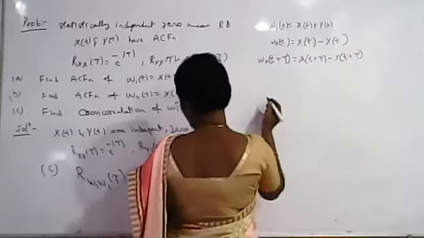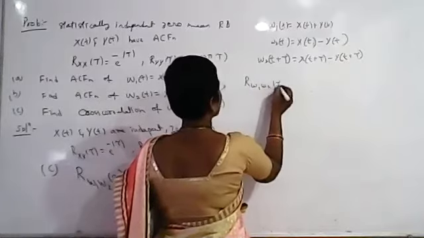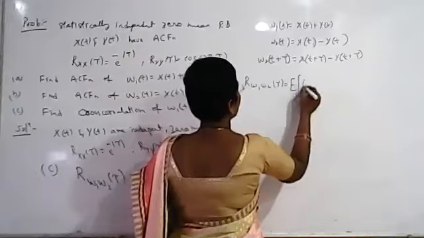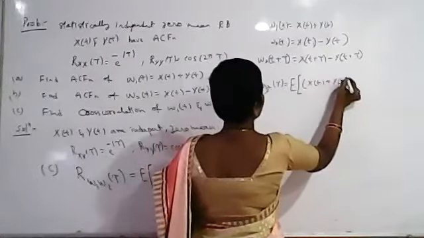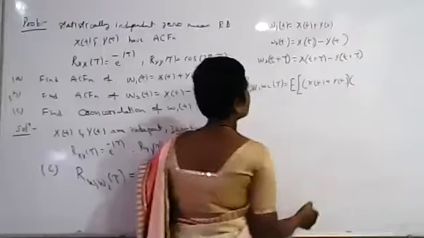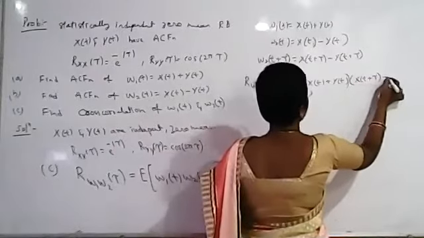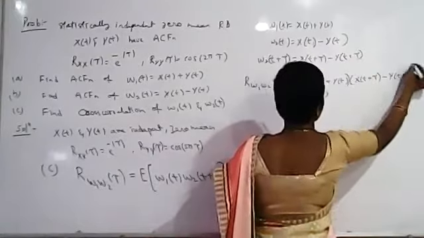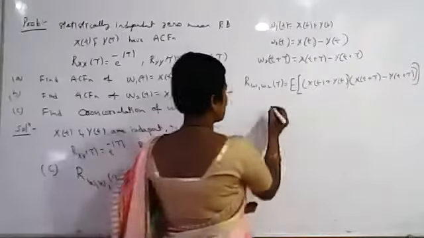Substitute this. What is R omega 1 omega 2 of tau? It is the expected value of x of t plus y of t, times x of t plus tau minus y of t plus tau. It is the same as the previous case. Okay, multiply these two terms.